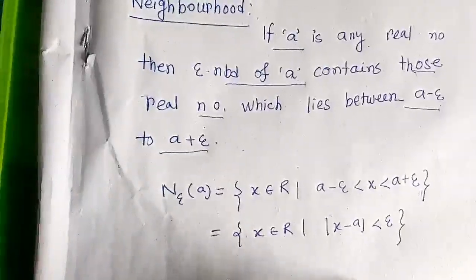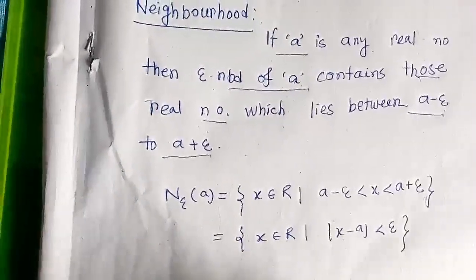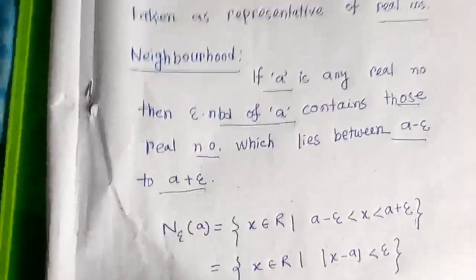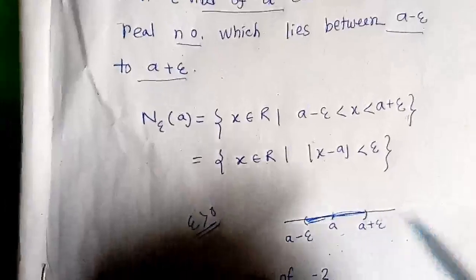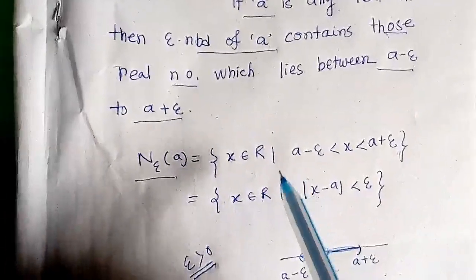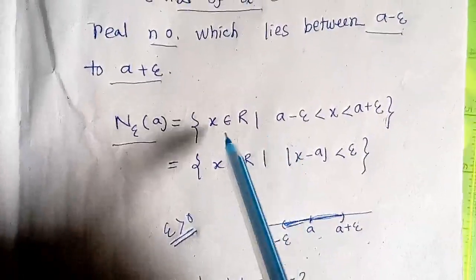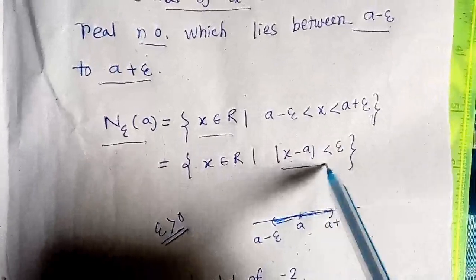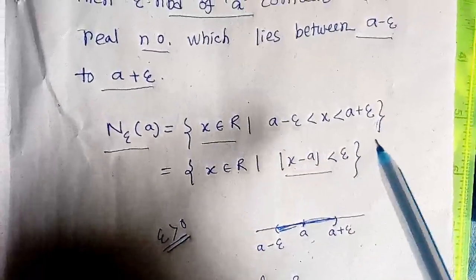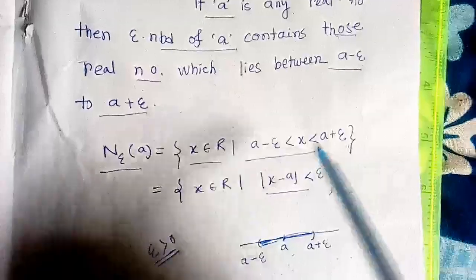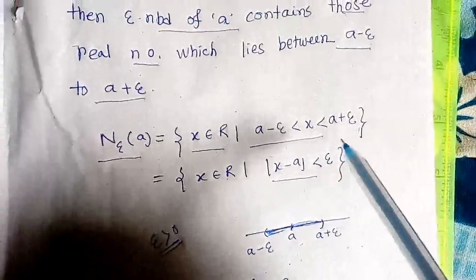These all points are the neighborhood of A. So, the epsilon neighborhood of A is basically x belongs to R such that mod of x minus A is less than epsilon, that is, the real numbers x with A minus epsilon less than x less than A plus epsilon.